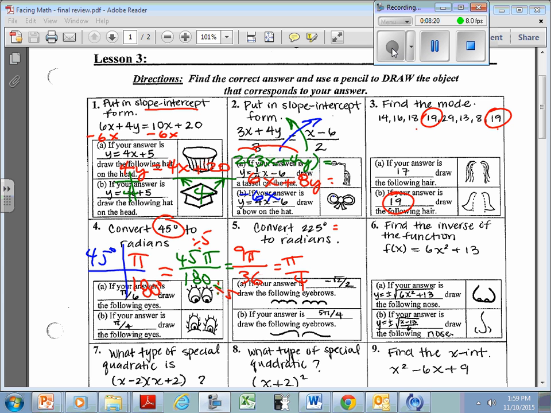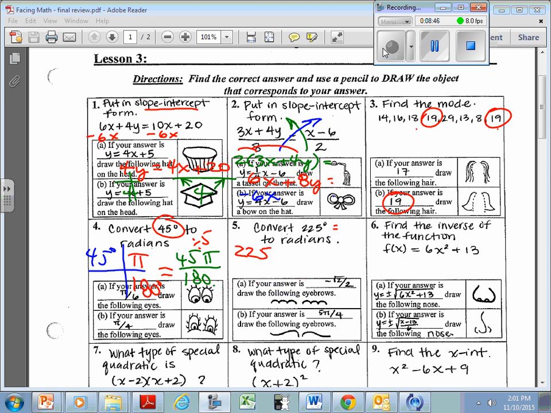You divide by 9. All right, good job. 5 over 4.